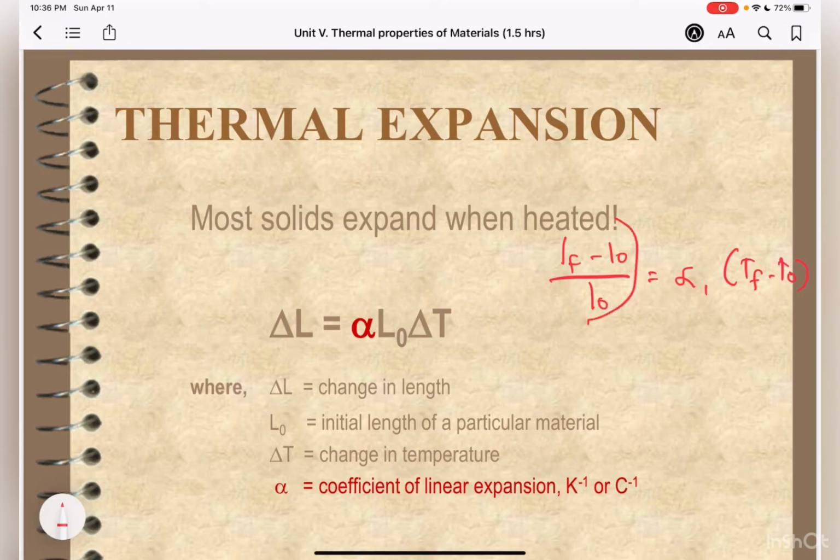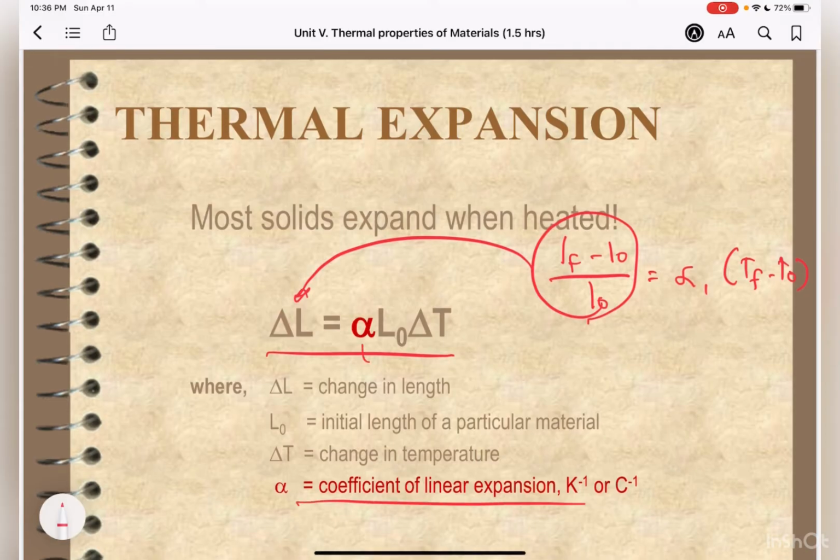Or we term this delta L. So you arrive at the equation delta L equals alpha L delta T. Take note that alpha here is the coefficient of linear expansion, a material property indicative of the extent to which a material expands upon heating, and usually its unit is per Kelvin or per Celsius degree. You have to remember that.